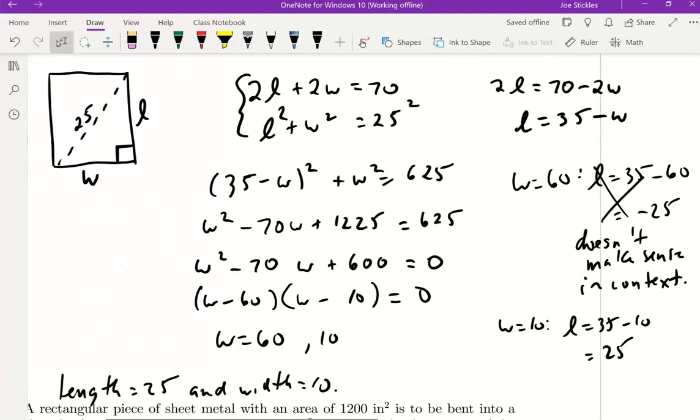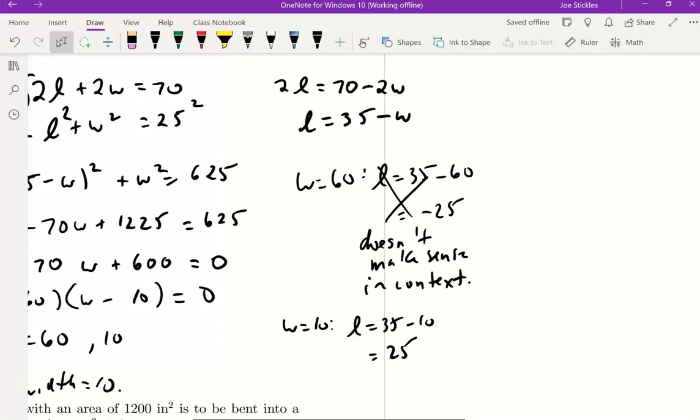35 minus 10 is certainly 25. That's multiplied. 1225 is definitely right for that.